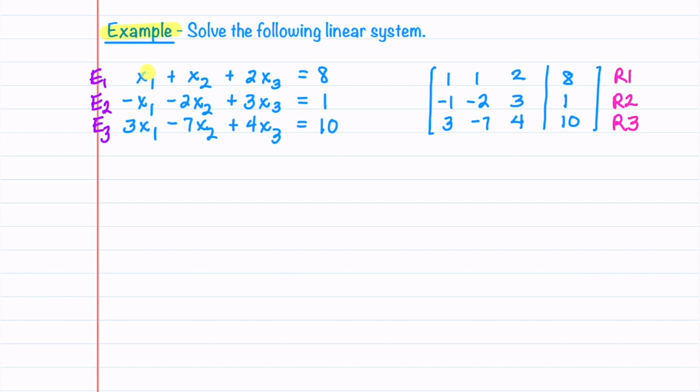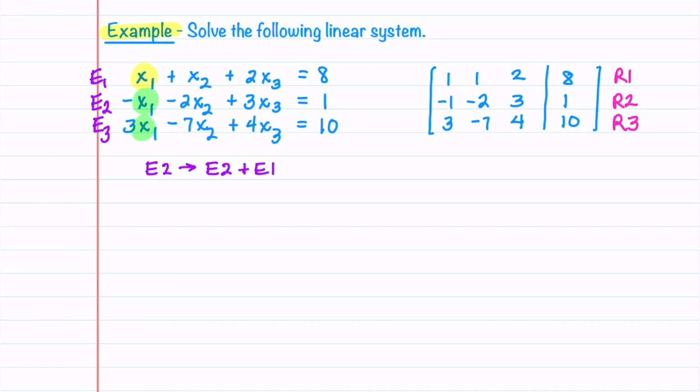We'll now walk through the steps that were listed above. Our first step is to use the x1 in equation 1 to eliminate the x1 in equations 2 and 3. To eliminate the x1 in equation 2, we just need to add equation 1 to it. We're going to notate that as equation 2 becomes equation 2 plus equation 1.